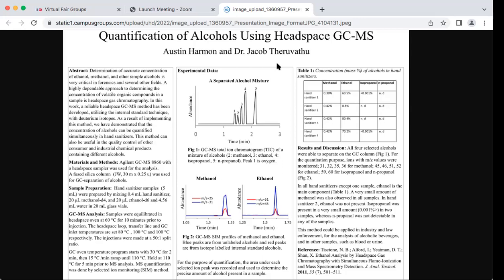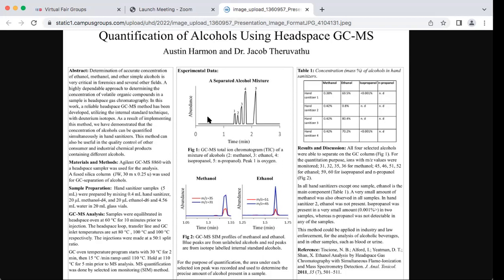So the headspace is just the part above the liquid in the vial. And we chose to sample just the vapor only because we didn't want to sample the actual hand sanitizer, because the hand sanitizer is sticky and it has glycerin in it, and we thought that might ruin the machine.